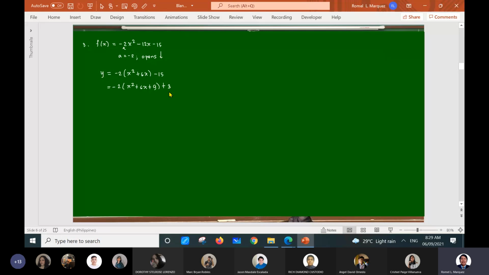Am I right now, guys? -18 plus 3, 15, no? So it goes back to the original. So this is equal to what? To -2 multiplied by x plus 3, quantity squared plus 3. So what's the vertex this time? -3, 3. And this opens, as I mentioned, opens downward, no? Guys? So, how do we draw the graph?